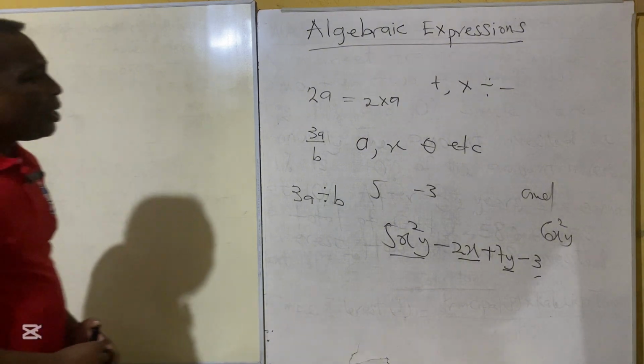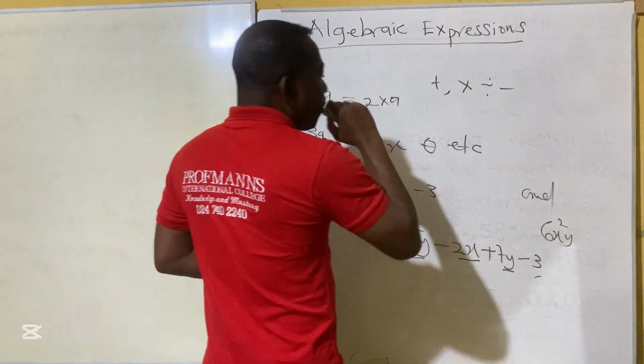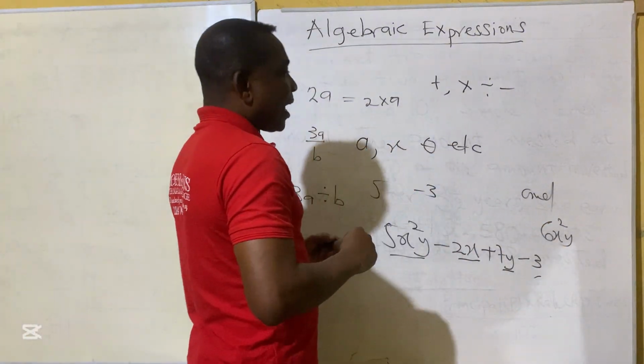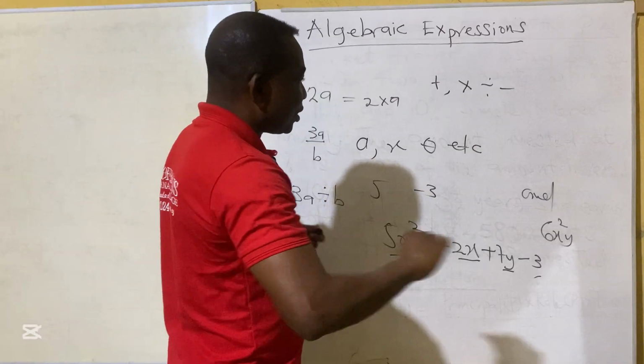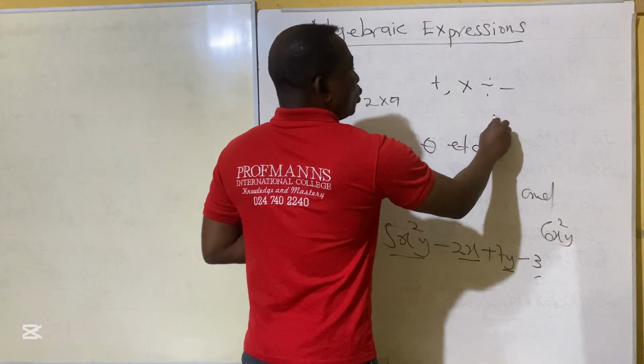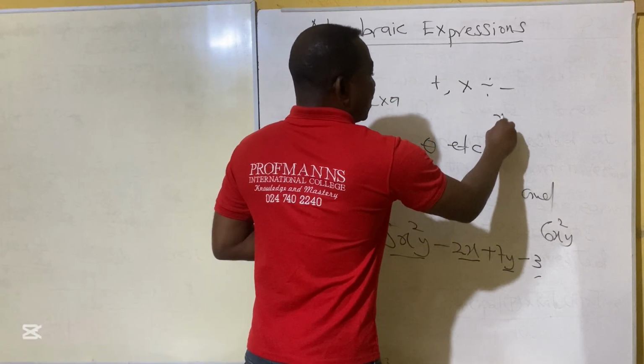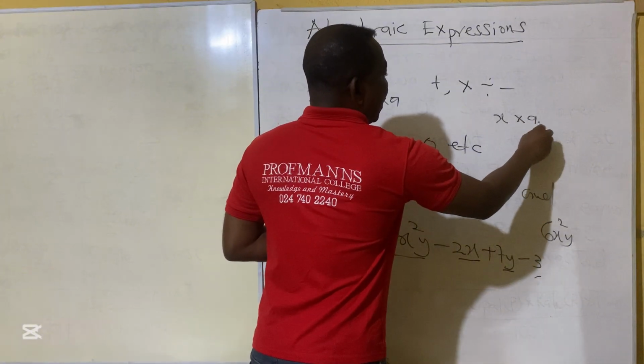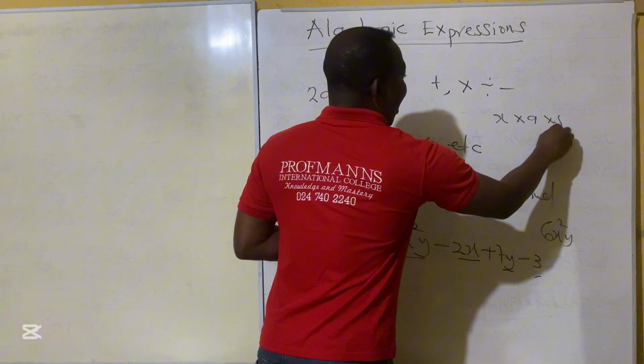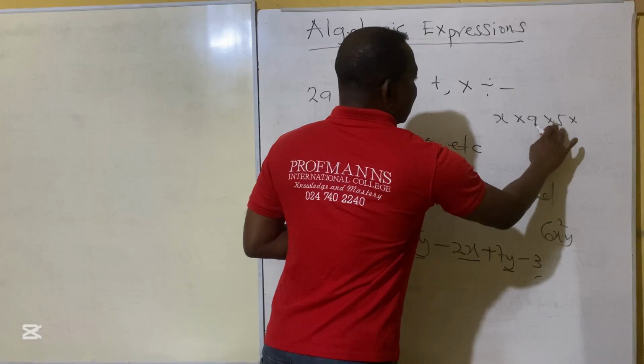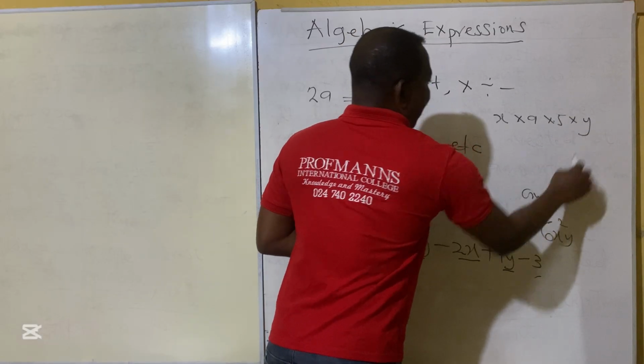Now, in multiplying terms in an algebraic expression, for instance, x times a times 5 times y.